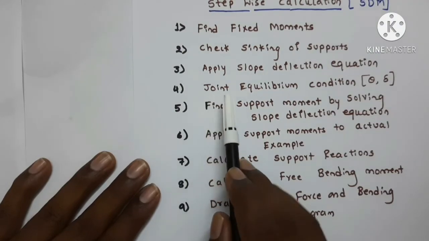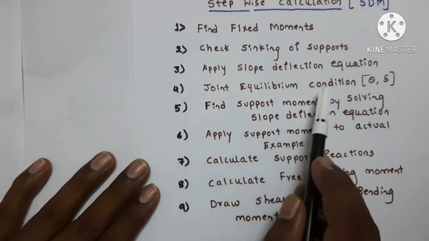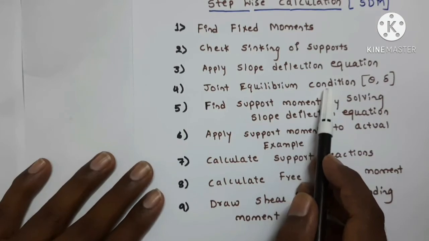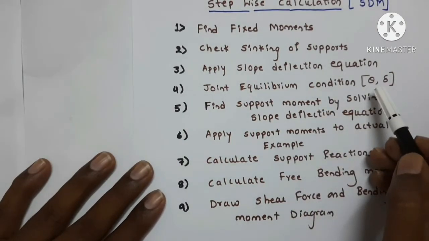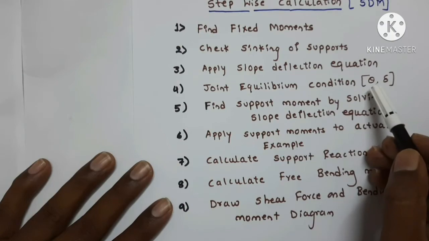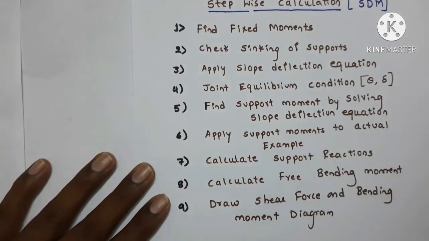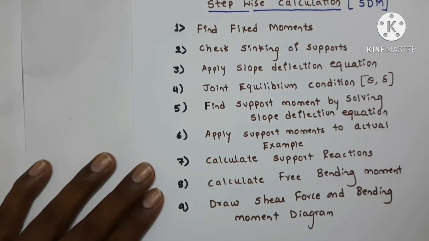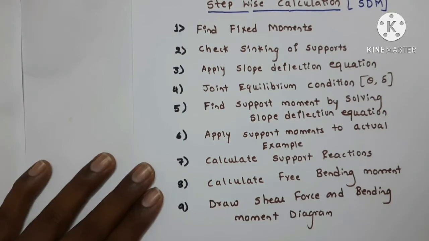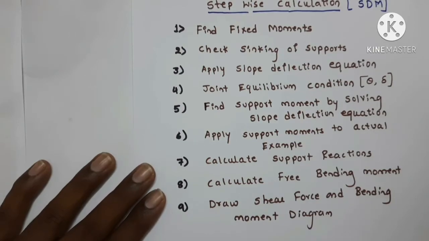Then the fourth step is joint equilibrium conditions. So we need to apply joint equilibrium conditions. In these joint equilibrium equations, what will we find? We will find theta as well as deflections. I will explain where we have to apply the joint equilibrium conditions. We studied the topic of kinematic indeterminacy in the first module. In kinematic indeterminacy, we find the rotations as well as deflections.